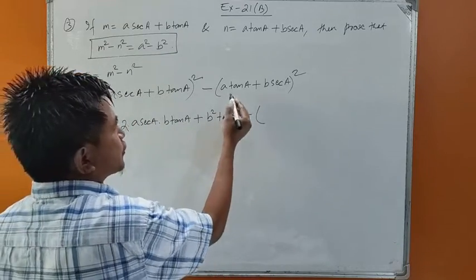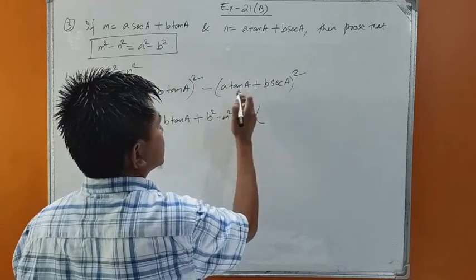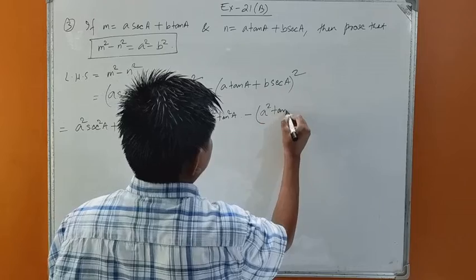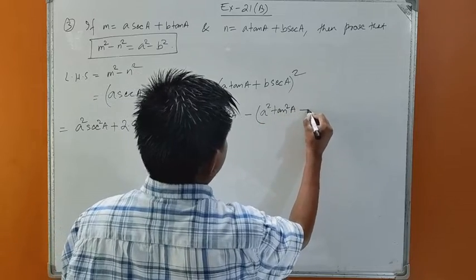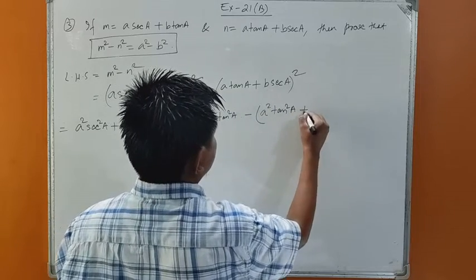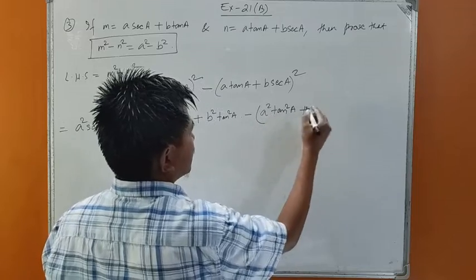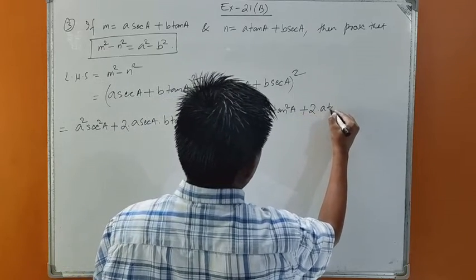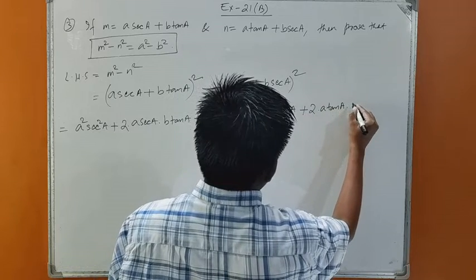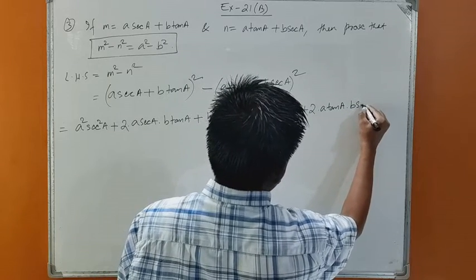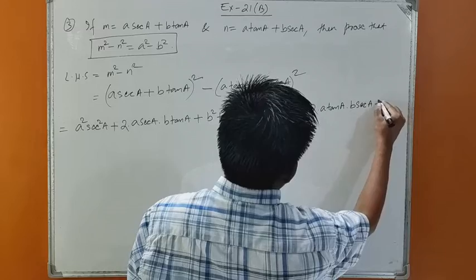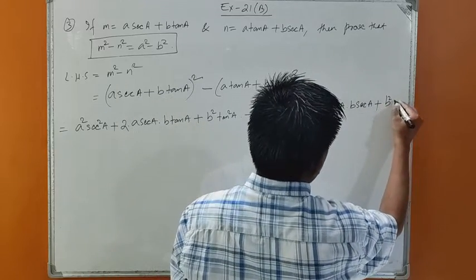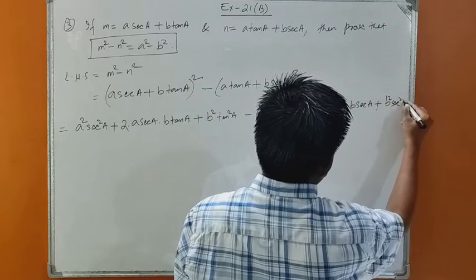So a plus b whole square means a square, minus, so this is plus, okay, 2ab, a is a tan a, b is b sec a, plus b square. B square is b square sec square a, isn't it? B square sec square a.